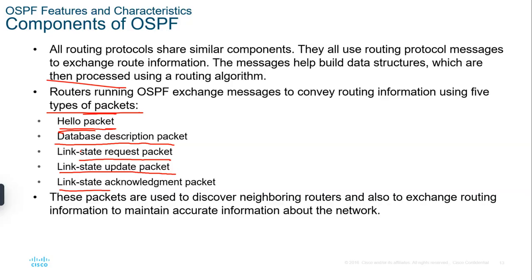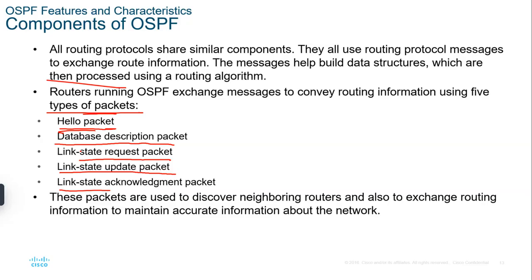Then link state request: one router can request information about the state of the link. That is the request, and of course where there is a request we expect the update, and then the link state acknowledgement.